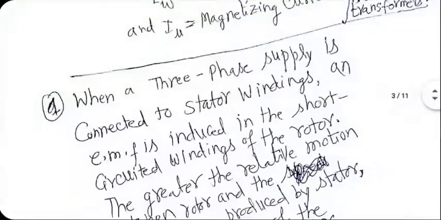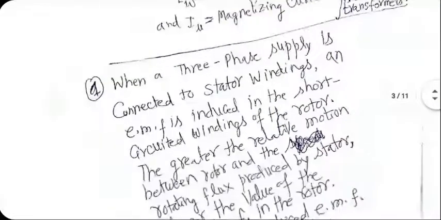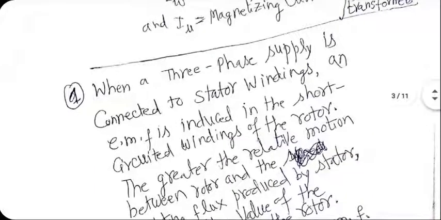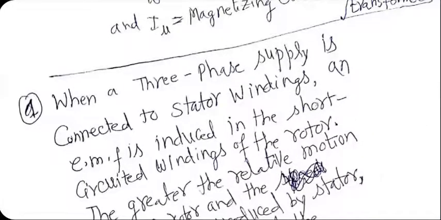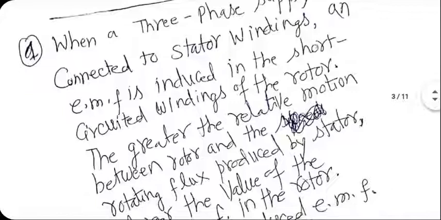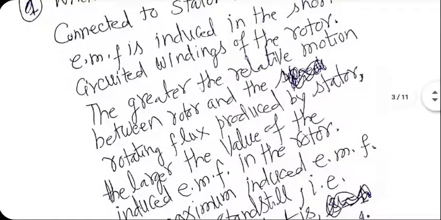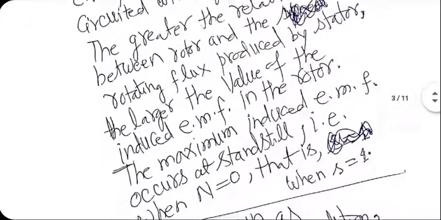Now, the operation is repeated once here in plain language. When a three-phase supply is connected to stator windings, an EMF is induced in the short-circuited windings of the rotor. The greater the relative motion between the rotor and the rotating flux of the stator, the larger the value of the induced EMF, which is E2 in the rotor, of course.